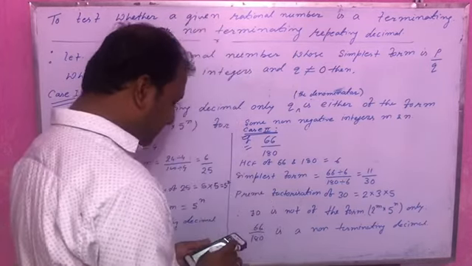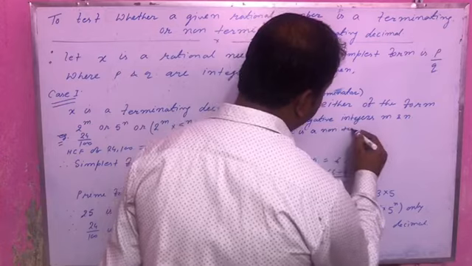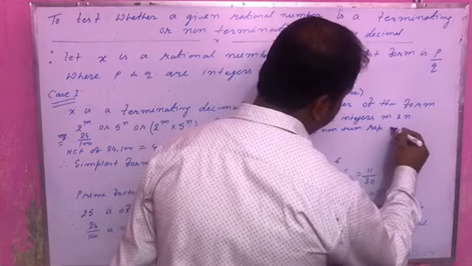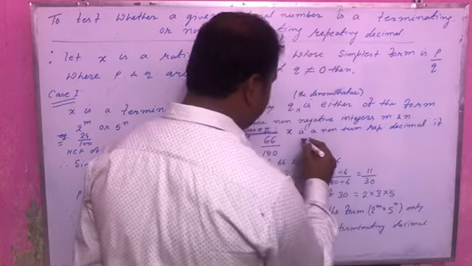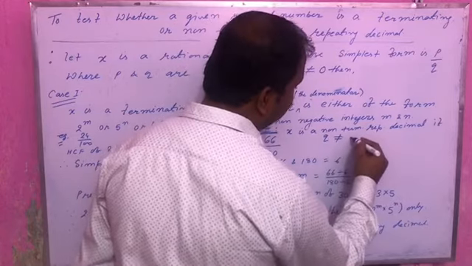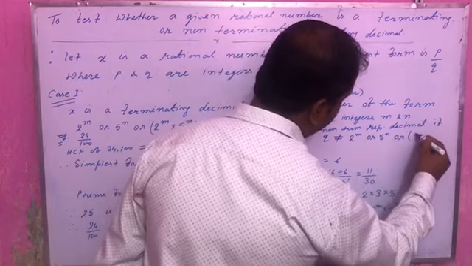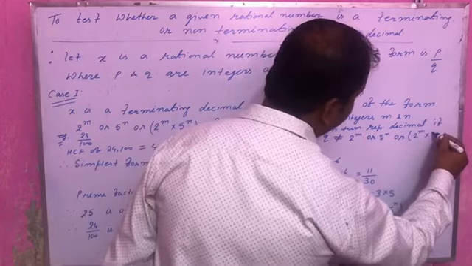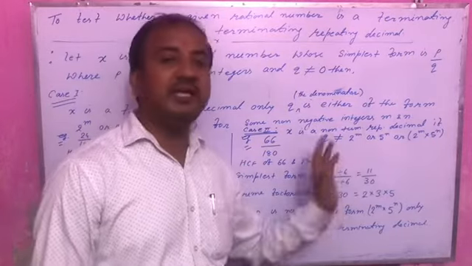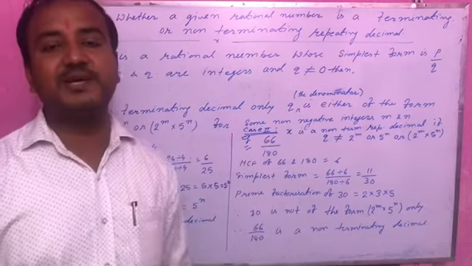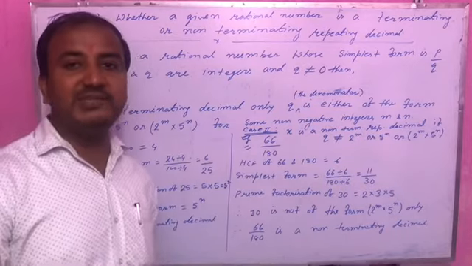X is a non-terminating repeating decimal if q is not equal to 2 to the power m, or 5 to the power n, or 2 to the power m into 5 to the power n. डिनोमिनेटर जो है इस फॉर्म में नहीं हो, on that moment the decimal expansion is non-terminating repeating. Just prove it, just show it by using an example.